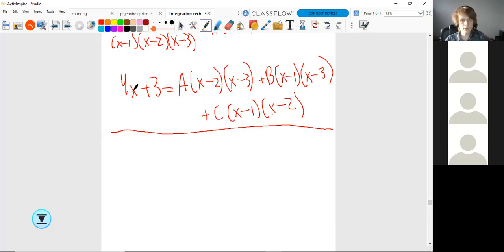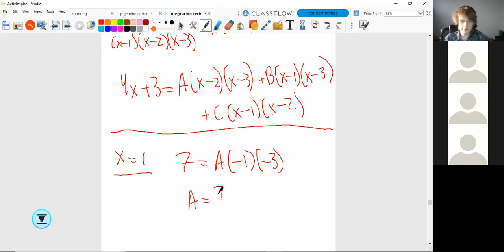For this equation, we don't care about the value of x. We just care about what a, b, and c are. So we can substitute any value of x that we want in order to simplify this equation. Let's set x equal to 1. Then we end up with 7 equals a times minus 1 times minus 3, and the other two terms vanish.